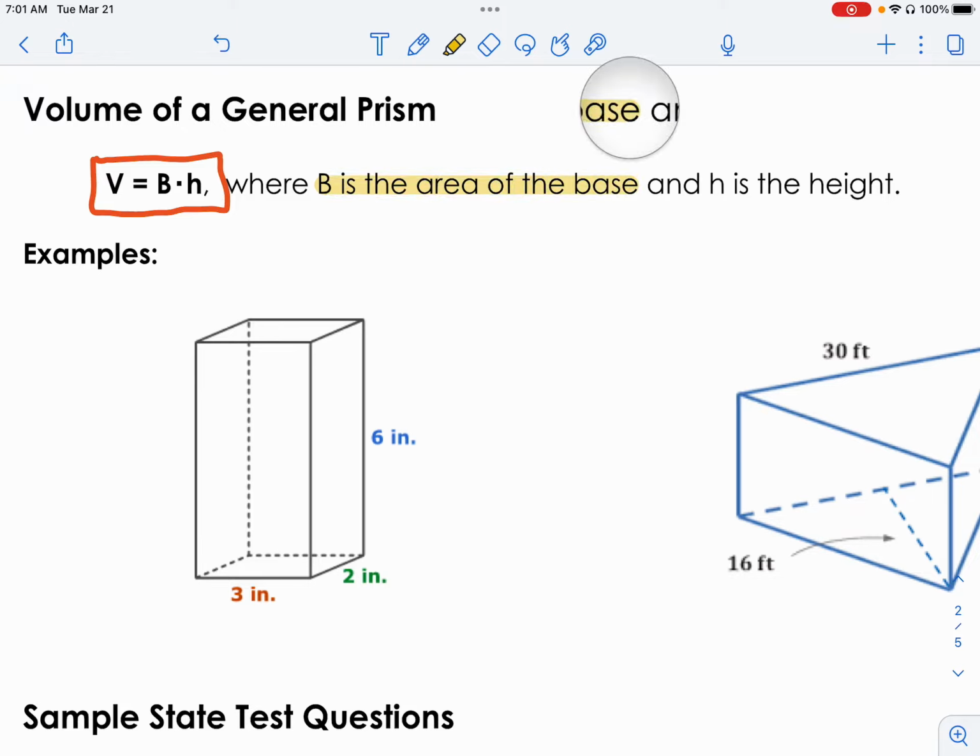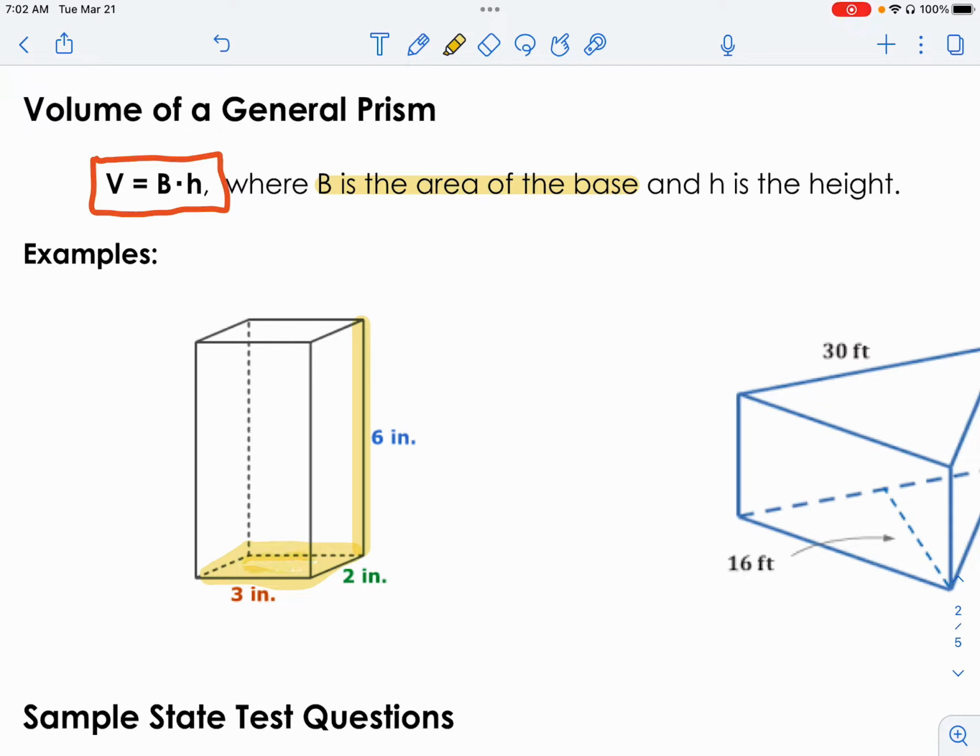It is not just base times height. We're dealing with three-dimensional shapes, so we would have to find the area of this base and then multiply it by your height. So the area of the base times the height.